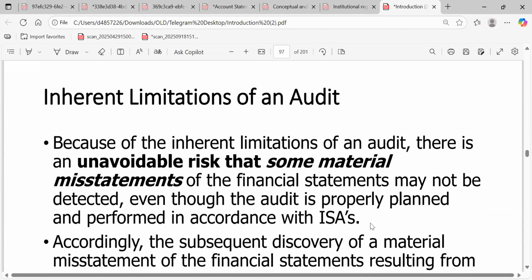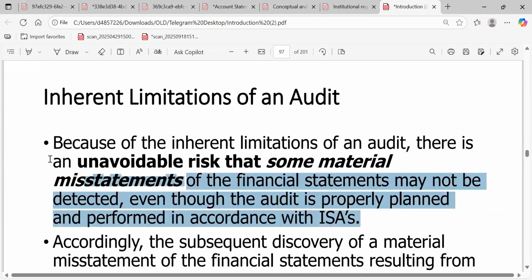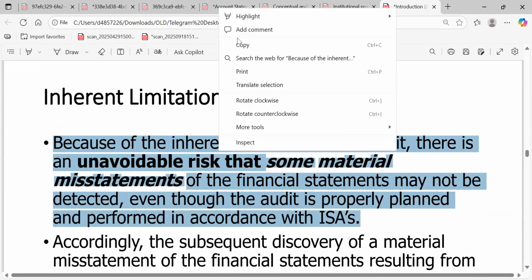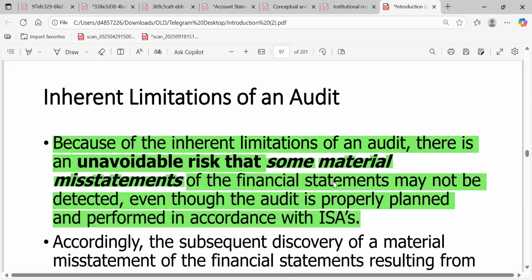So we are saying that because of this limitation in the audit work in itself, there's an unavoidable risk. Unavoidable, please take notes. There's an unavoidable risk that some material misstatements of the financial statement may not be detected, even though the audit is properly planned and performed in accordance with the International Standards on Auditing.